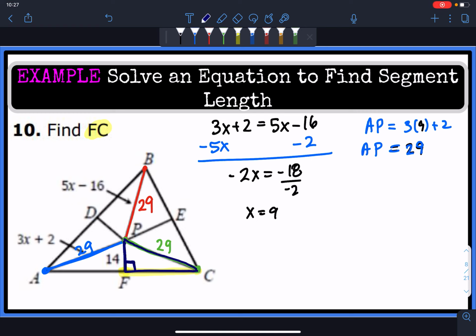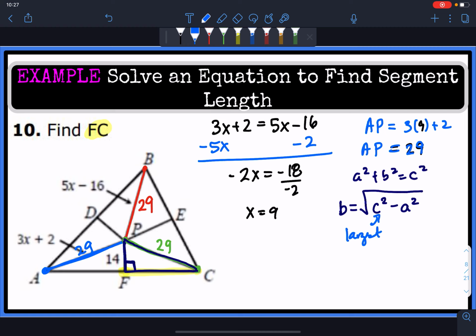And using again this formula of a squared plus b squared is equal to c squared, the Pythagorean theorem, I can solve it again for the missing base and simply use this solved form of a squared plus b squared is equal to c squared. I just simply have to do this, all right? Where c, just remember that c is always going to be the largest number, the bigger number of the two, and a is going to be the smaller number.